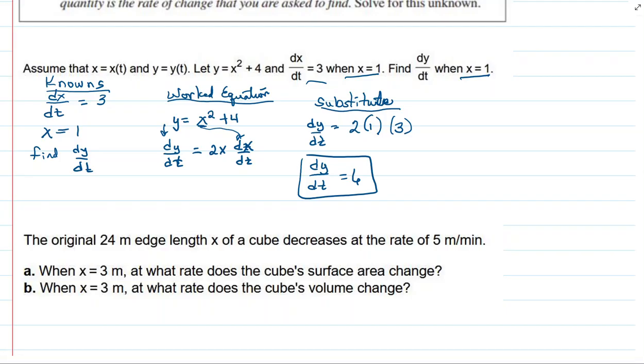You're always given, and that's a good point, let's talk about that. You're always given one of the d variable over dt. You're given at least one of those values because in what we do here, we're going to have two variables, either the outcome as a variable and the input as a variable.